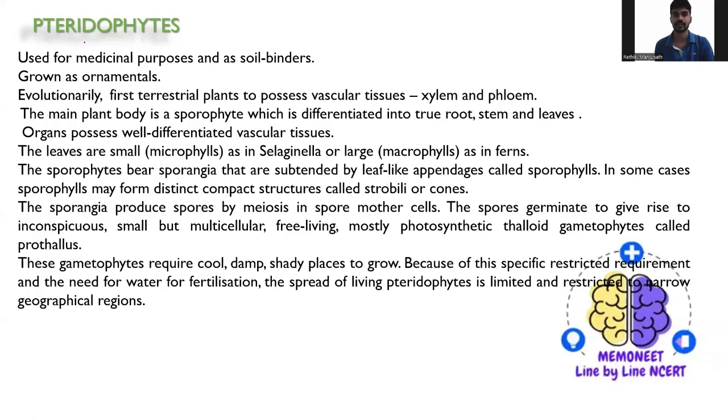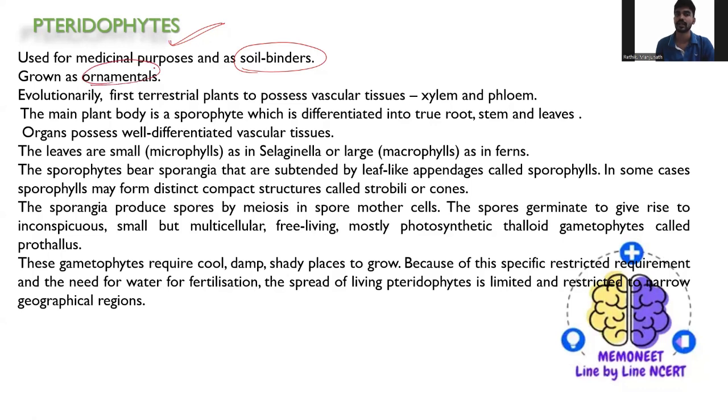So I'll move to the next topic, that is pteridophytes. So after bryophytes, pteridophytes, right? Pteridophytes are mostly used for medicinal purposes, and they act as soil binders. They are also grown for ornamental value. It means they are used as showcase plants or in some functions also.